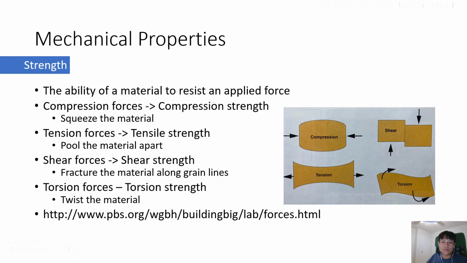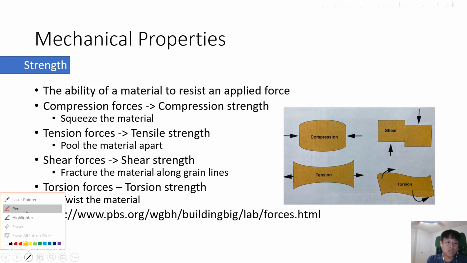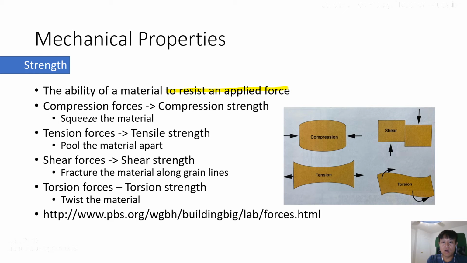All right, so strength. Strength is the ability of a material to resist an applied force. So applied force can have different types. For example, compression, shear, tension, and torsion.